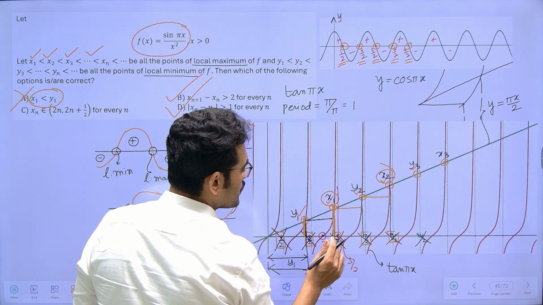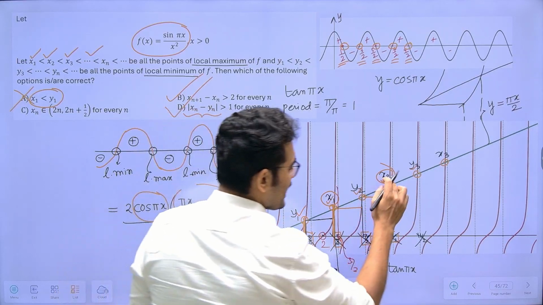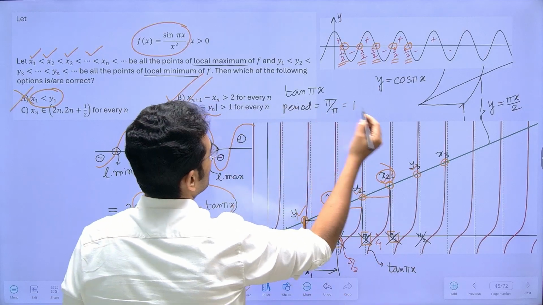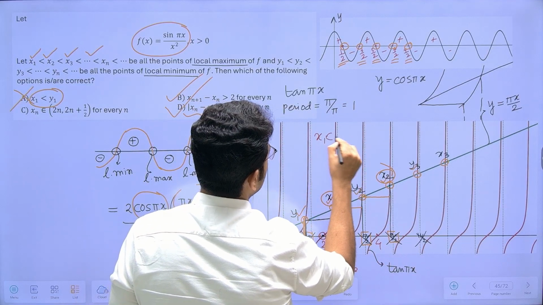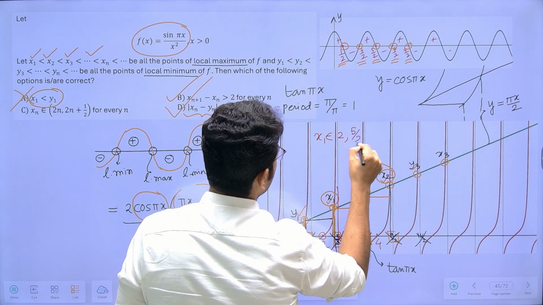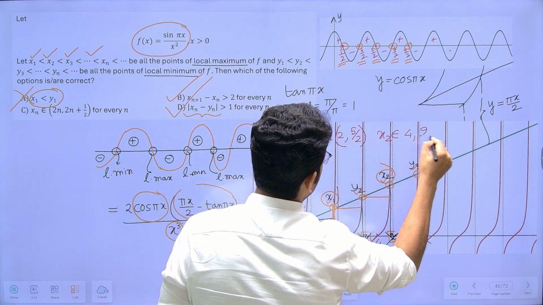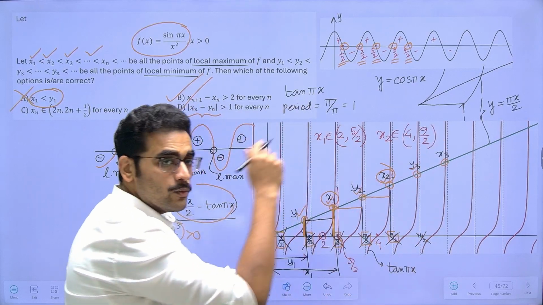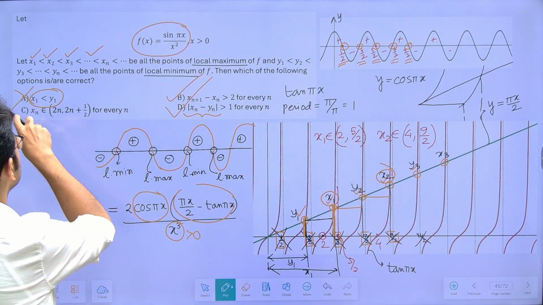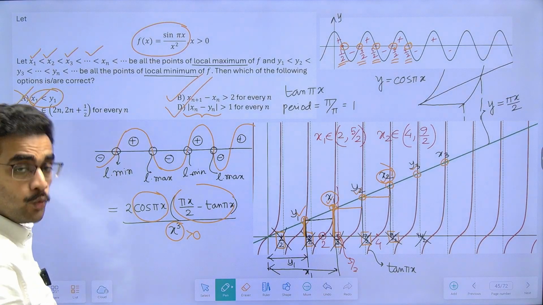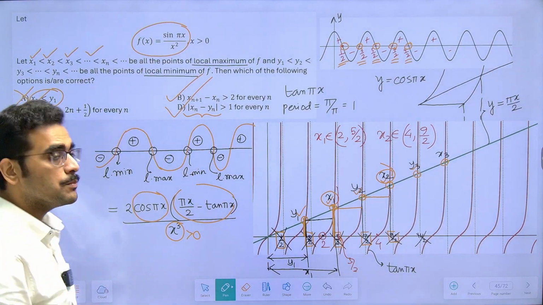So x1 lies between 2 and 5 by 2. x2 lies between 4 and 9 by 2. So using the pattern we can generalize that xn lies between 2n to 2n plus 1 by 2. Okay, so option C is correct. So B, C, D is correct.